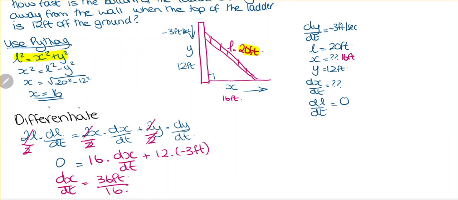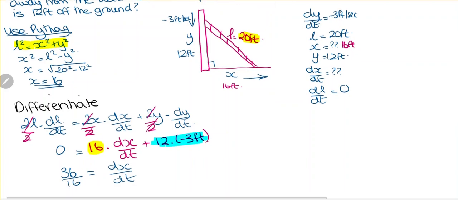So let me just do that again because you may not know what I've just done. So dx/dt, so this now is negative 36. I'm going to take it to the other side, so it'll be 36. If I divide both sides by 16, so we'll be dividing by 16.